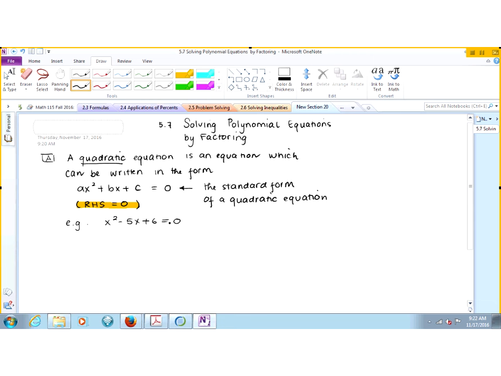Now the second thing that is important is called the zero factor property. So if a times b is equal to 0, then what is your conclusion?